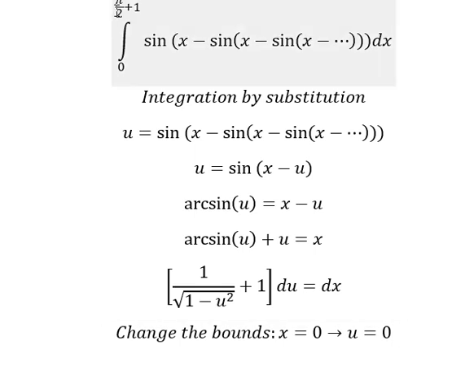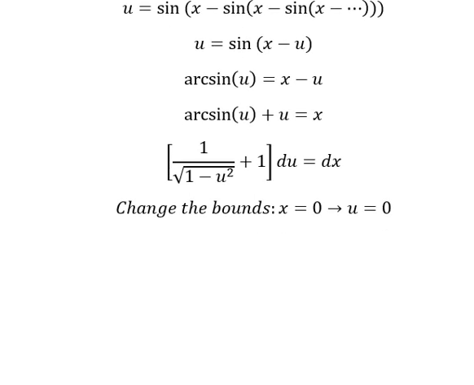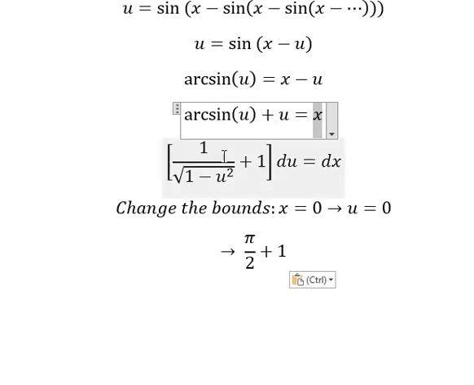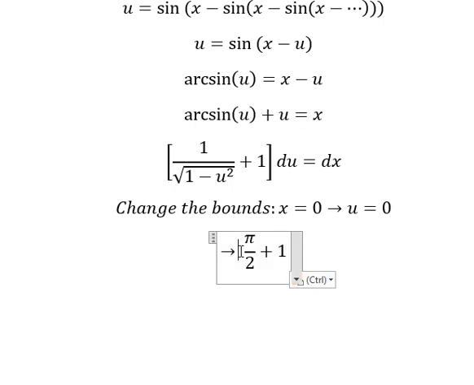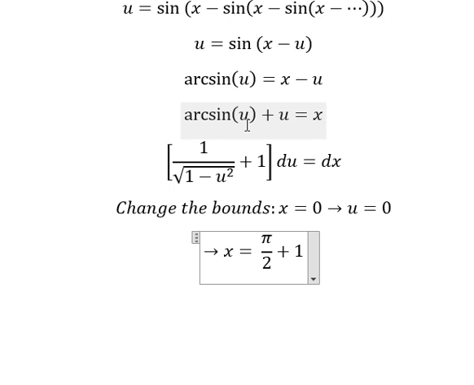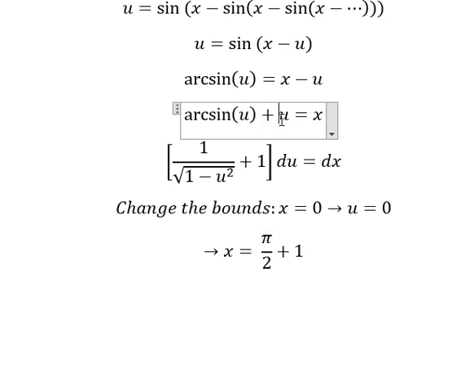When s equals to pi over 2 plus 1, we put this number here, and we can see that u equals to pi over 2. Oh, sorry, that's number 1. u equals to number 1, because if we put number 1 here, this one we have pi over 2. This one we got number 1.